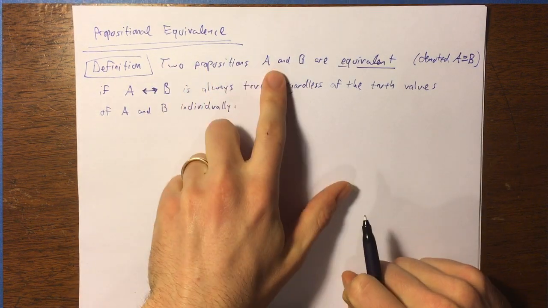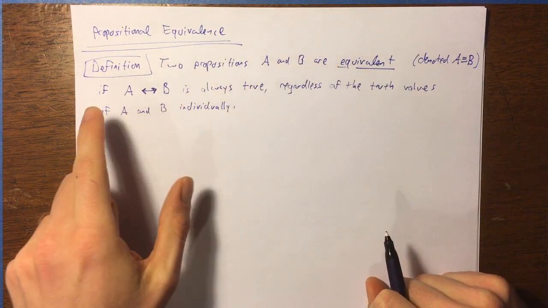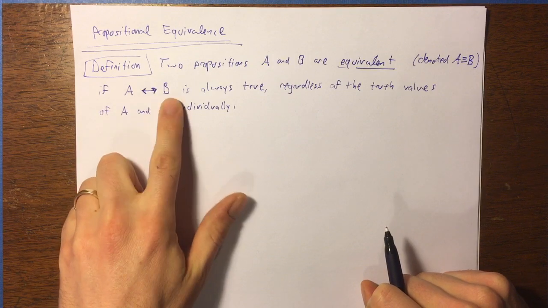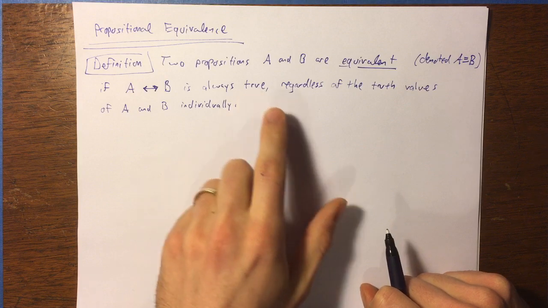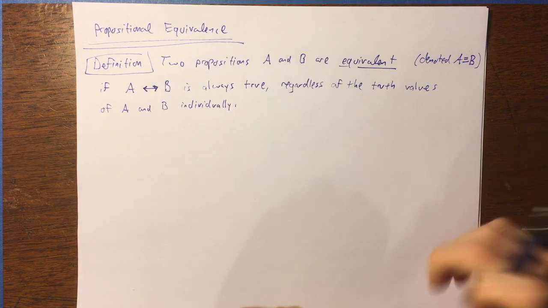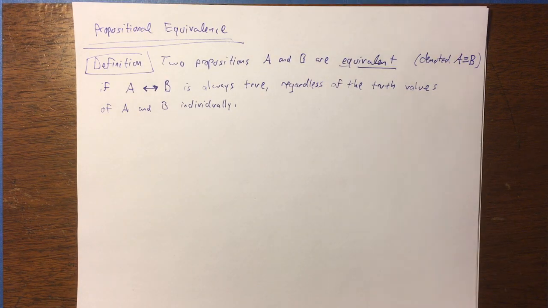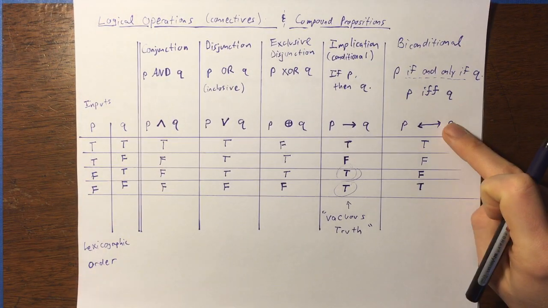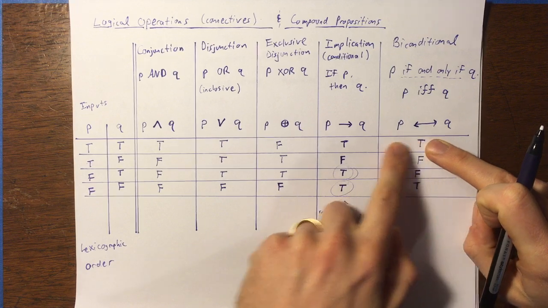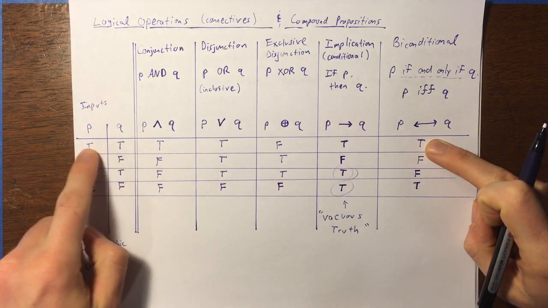So two propositions A and B are equivalent if the biconditional A if and only if B is always true, regardless of the truth values of A and B individually. Remember that biconditional is true exactly when the P and the Q have the same truth value.